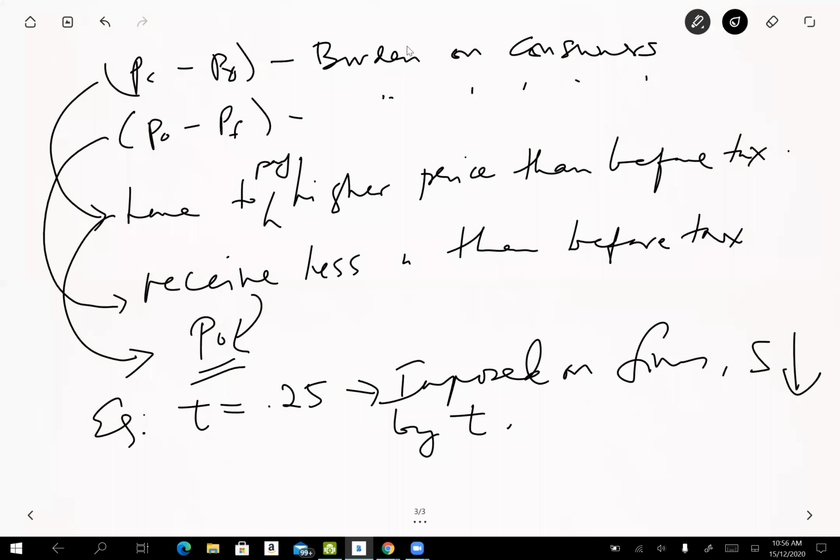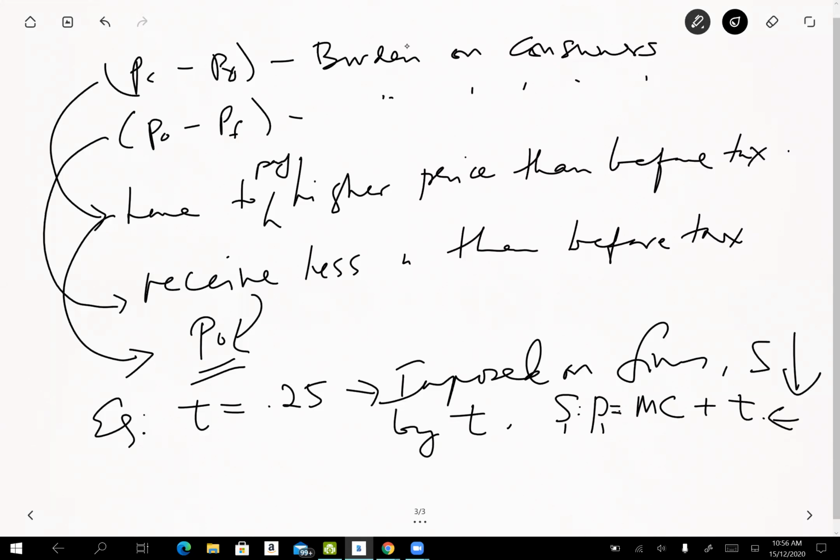In the diagram, they have the new supply function, S1, equal to MC plus the tax. Since we are using equal, S1 should be P1. P1 is equal to MC plus T. So that is S1.